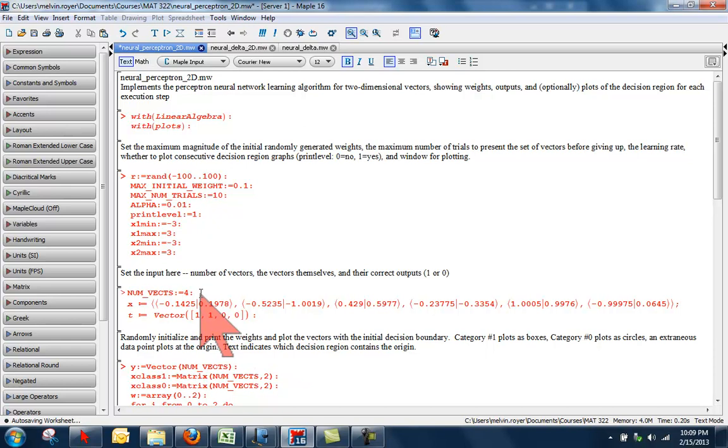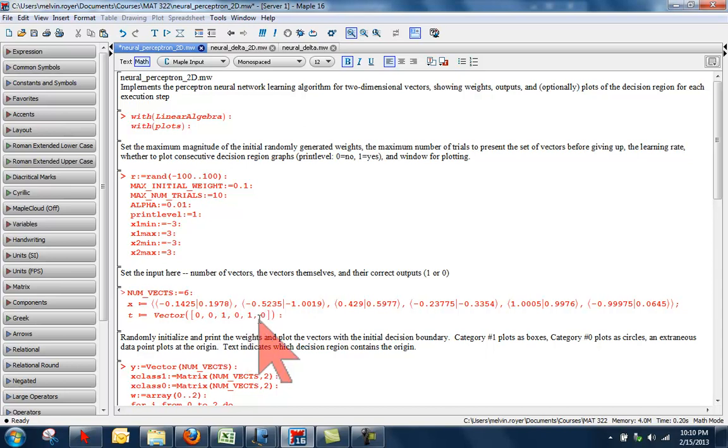In the meantime, the number of vectors is now 6, and for the true outputs, let's call a female a 0 and a male a 1, and so 0, 0, 1, 0, 1, 0.